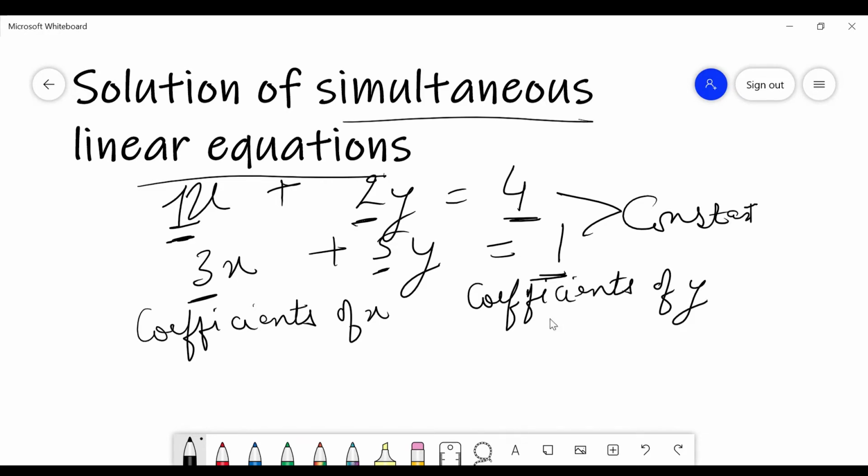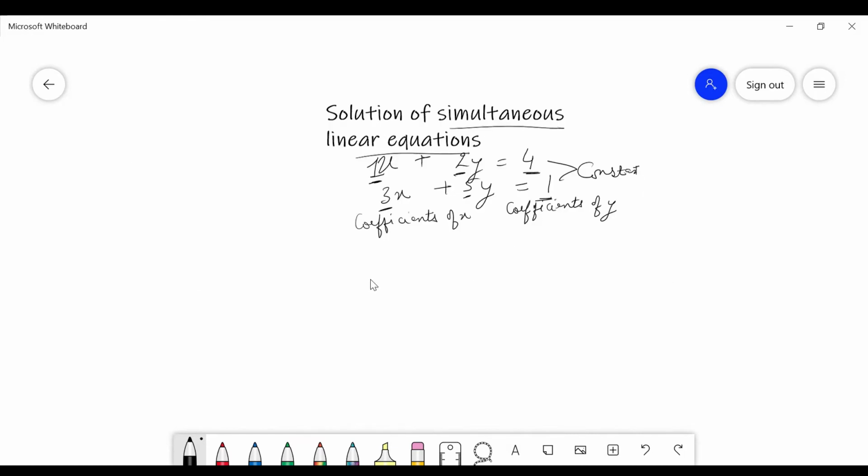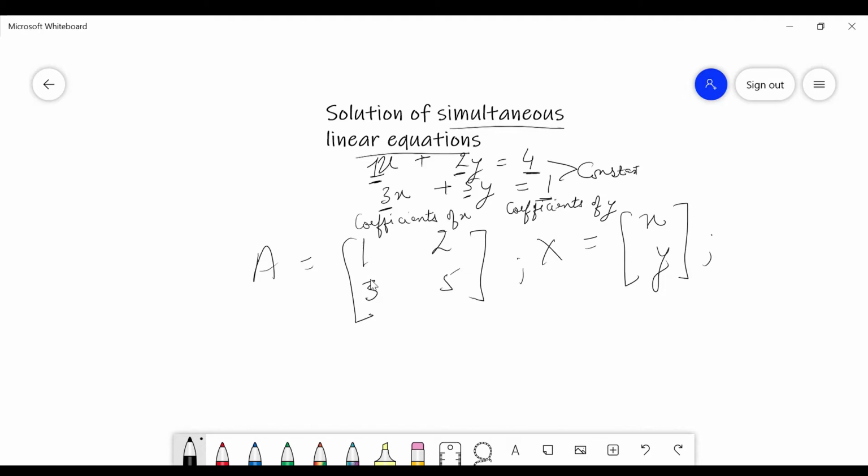Here, the matrices are multiplied together, so you realize that these can be written in matrix form. A = [1 2; 3 5], so this is my first matrix. Second is X = [x; y], and B = [4; 1].